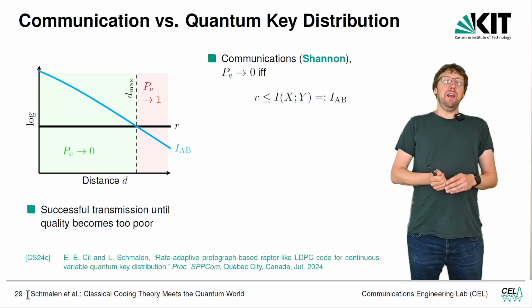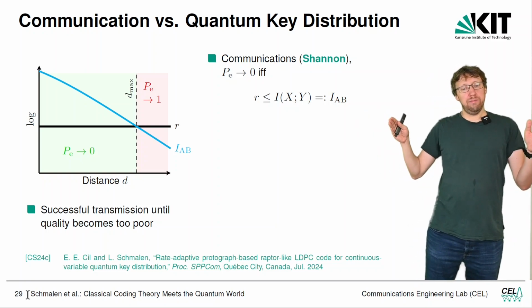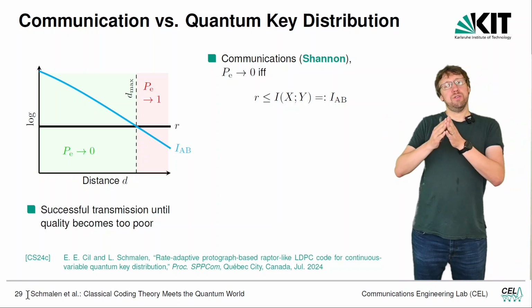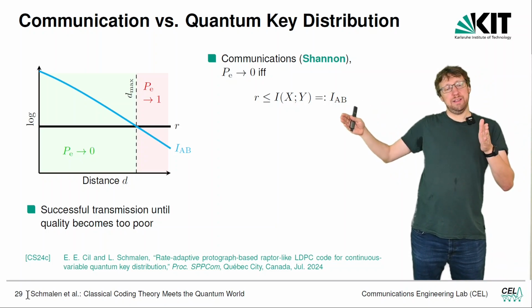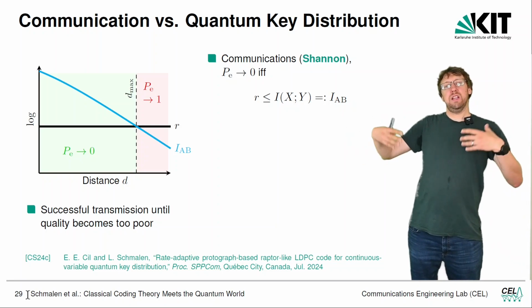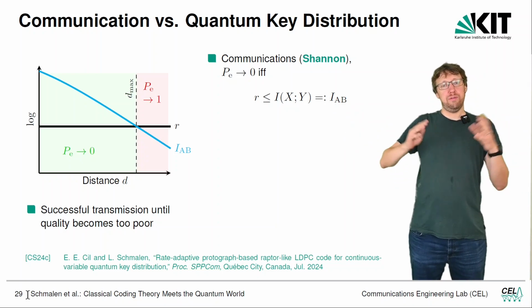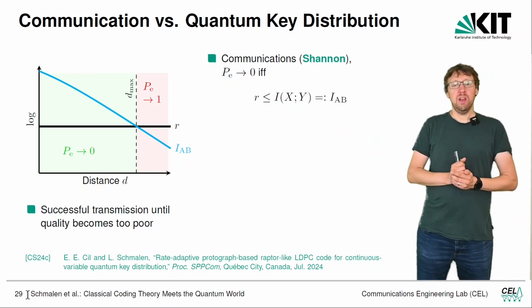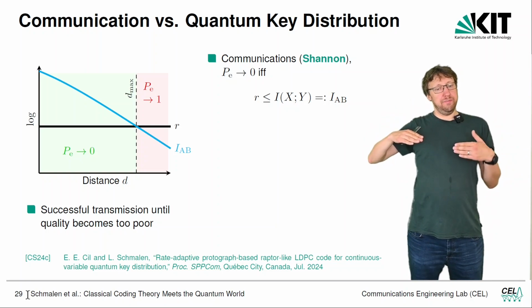And typically, if you think about a communication system based on a fiber optic cable, the signal-to-noise ratio decreases with the distance. So if you increase the distance, the channel becomes worse because you have losses in the optical fiber, you have dispersion, etc. And this means the achievable rate will also go down over the distance.